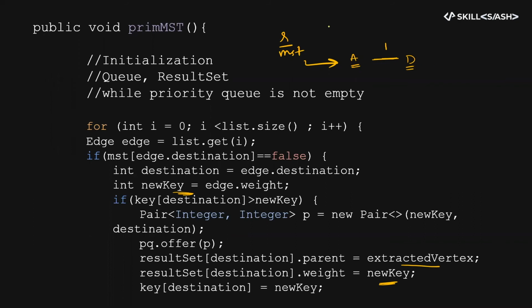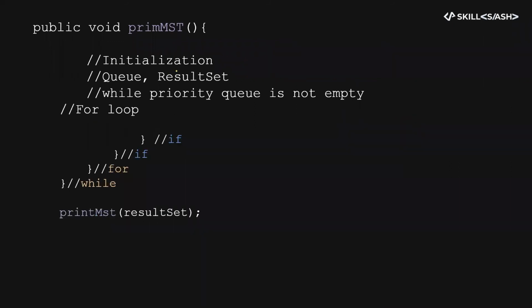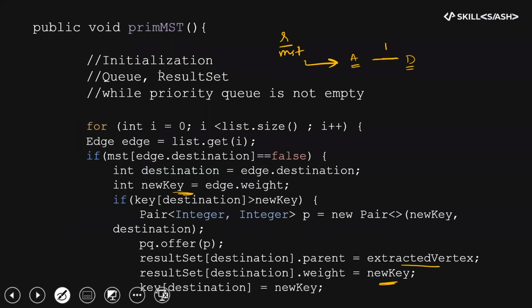So then again, this for loop has been done. I'll go again and find the next adjacency node. Clear? So after that, your for, if, and while complete. So that is in 4 chunks.